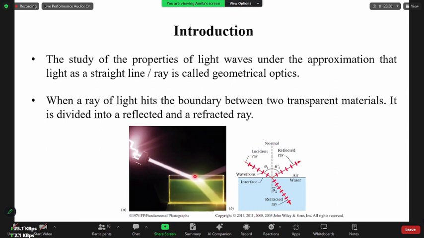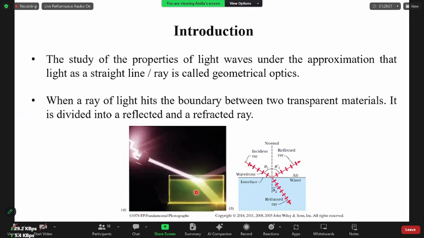here you can see some kind of liquid, and then here you have air. And this is the light ray, the light beam. Once it hits this boundary between two transparent materials, you can see this ray is divided into two.